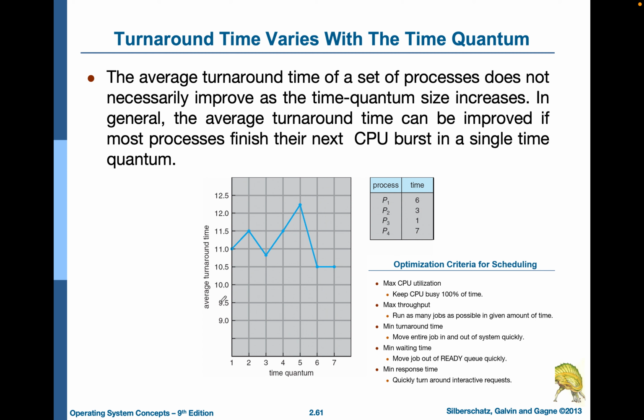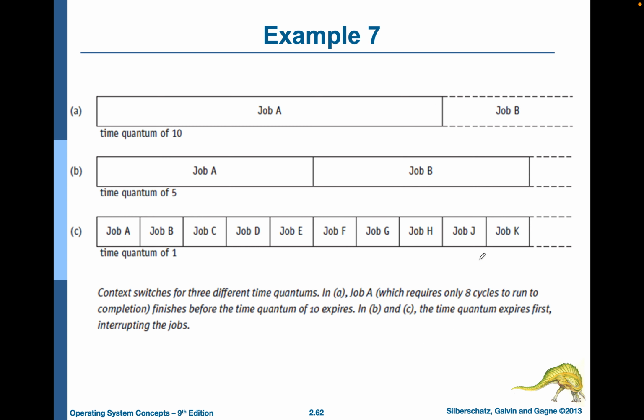But you need to draw your P1, P2, P3, and then calculate the turnaround time for your processes. Last time you already learned how to draw, and how to calculate and measure the turnaround. So this is an example of the graph.